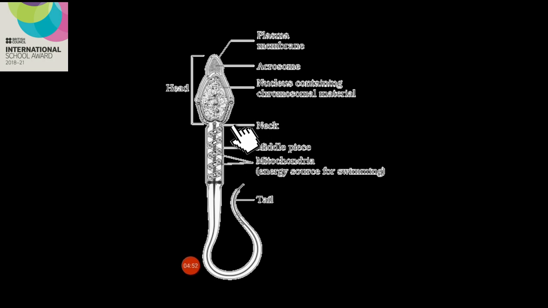Now we have to move to the second part of the body of the sperm, that is neck. Neck region can be seen in between the head and the middle piece region. And neck region contains centrioles in it. There are two types of centrioles in the neck region, proximal centriole and distal centriole. This proximal centriole will release certain elongated stiff fibers.